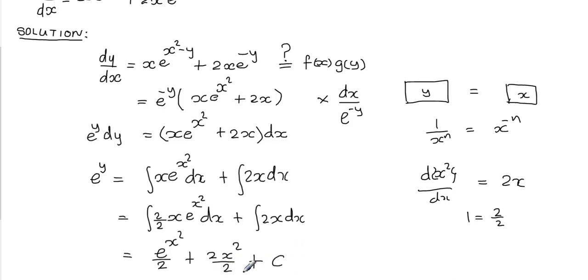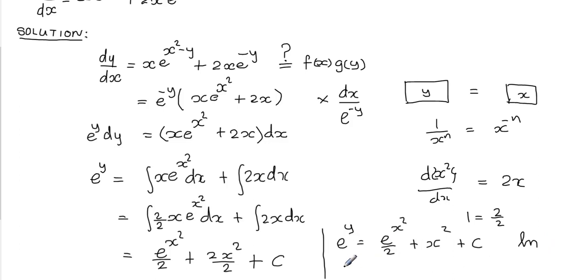Now what we can do is simplify this problem. So let's write e to the power y equals e to the power x squared divided by 2 plus x squared plus c. Now we can see here y is given implicitly, but we can write y as an explicit function. The simple thing to do is to apply the inverse function of e, which is ln.